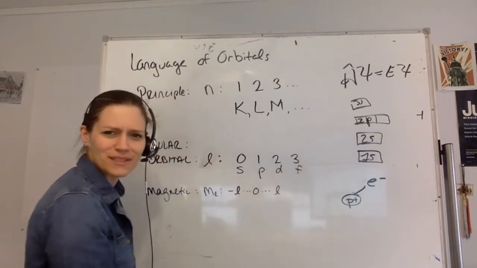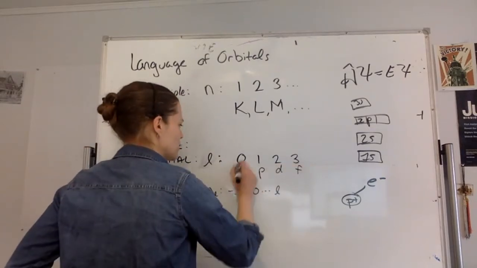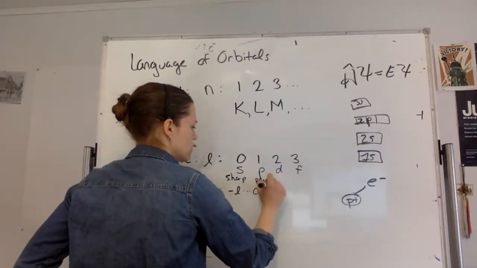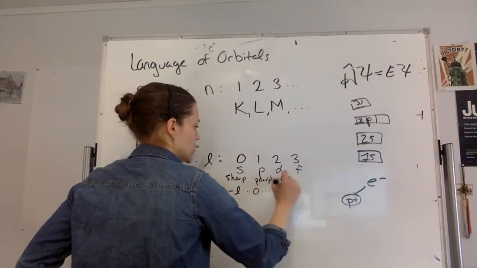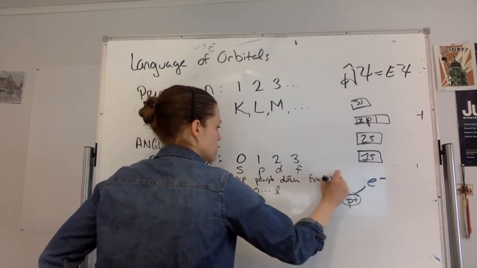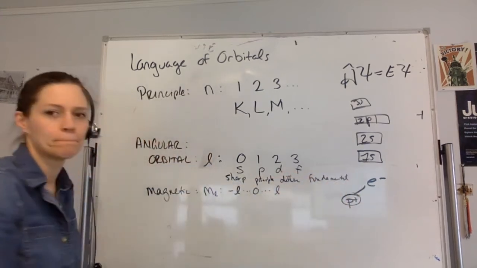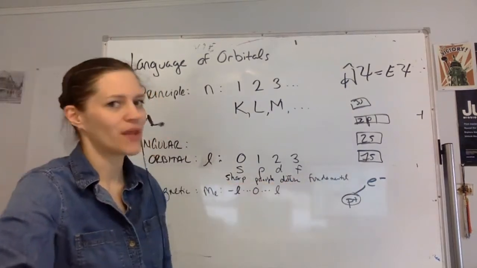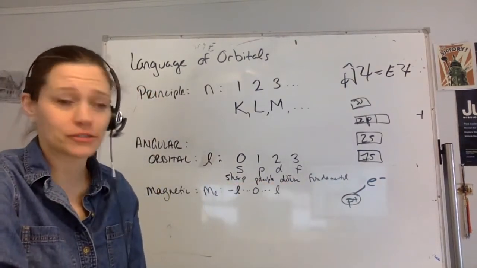Graham probably told you all this in inorganic, but this one is known as sharp, principal, diffuse, and then fundamental. Cool. So this originates from aspects of the radial function.